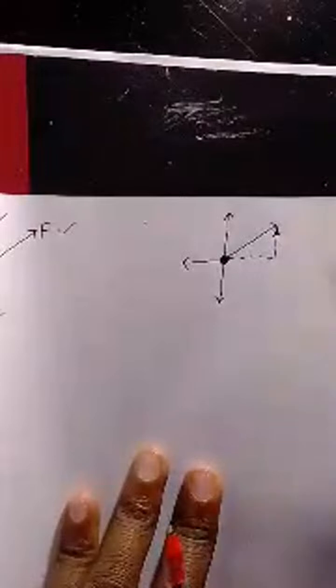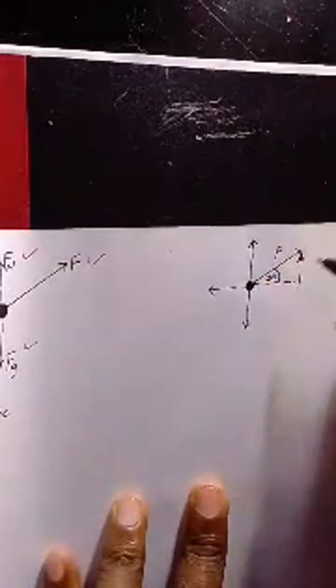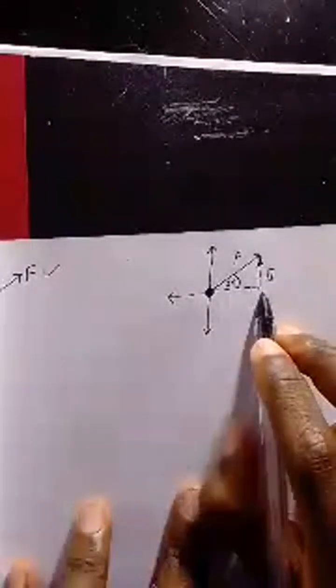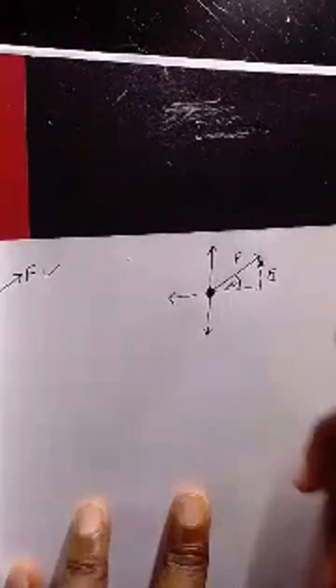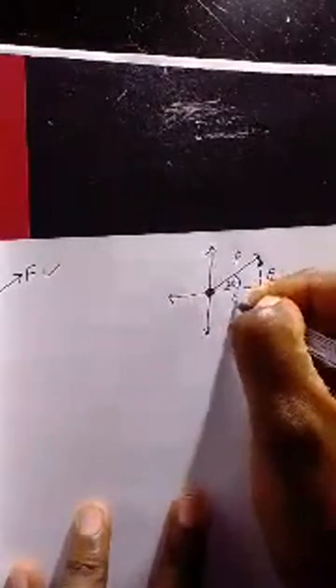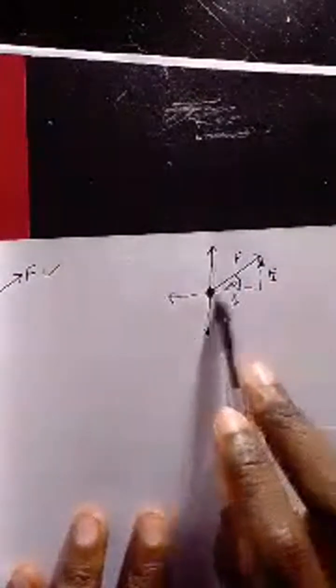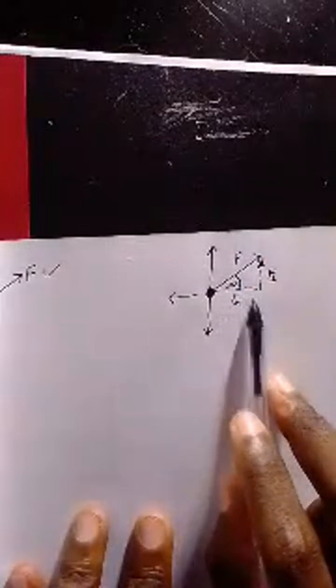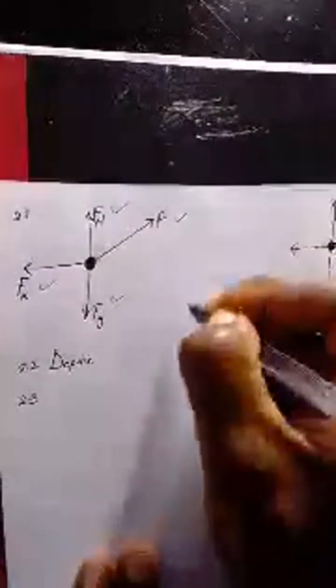We have our free body diagram here with force F, and then we have 20, and then this is F perpendicular. It's normal because normal force is perpendicular to the surface, and this is F parallel because it's parallel to the surface. So now, applying the same procedure, F net equals MA.